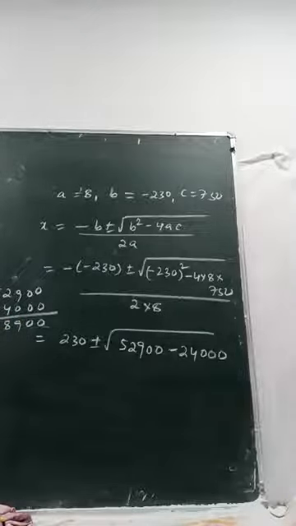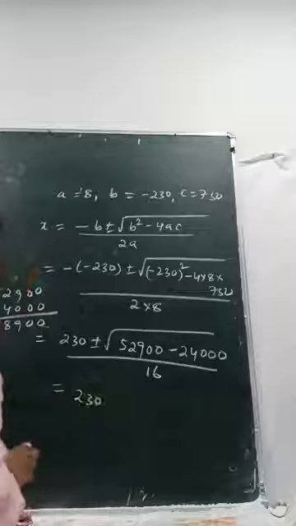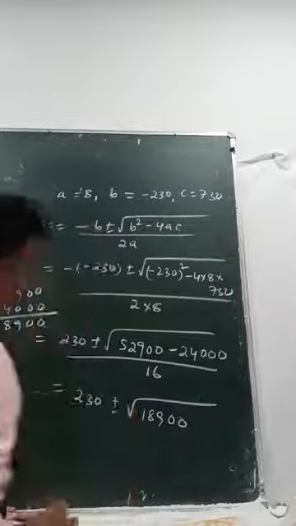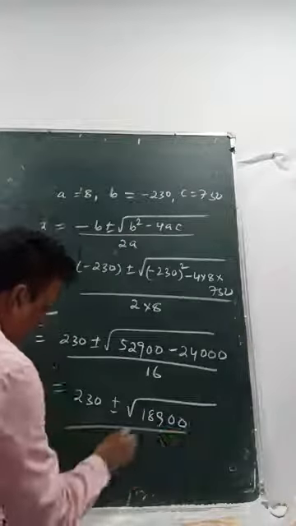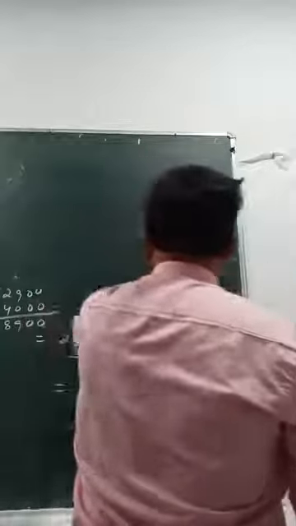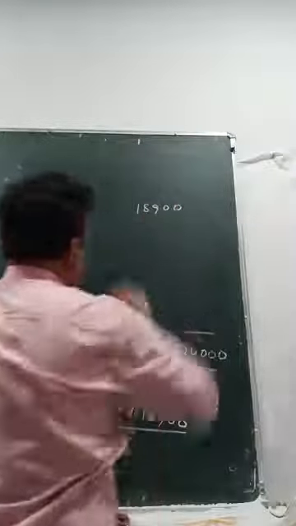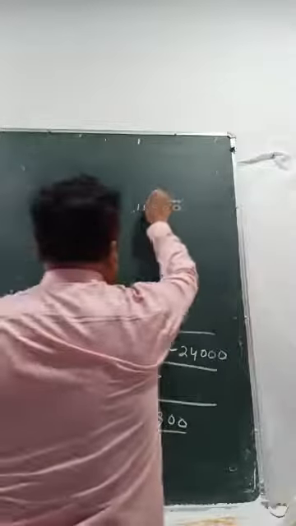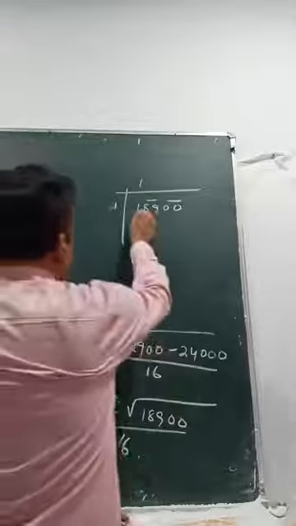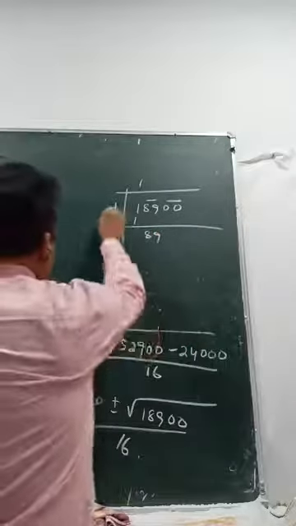Divided by 16. 230 plus minus square root of 18900. Look at here. I'll teach you how to find this. 189. Check here. 18900. How to find the square root? Now next pair, second pair. 1, 1. The 1. Then 89. So plus 1, 2.